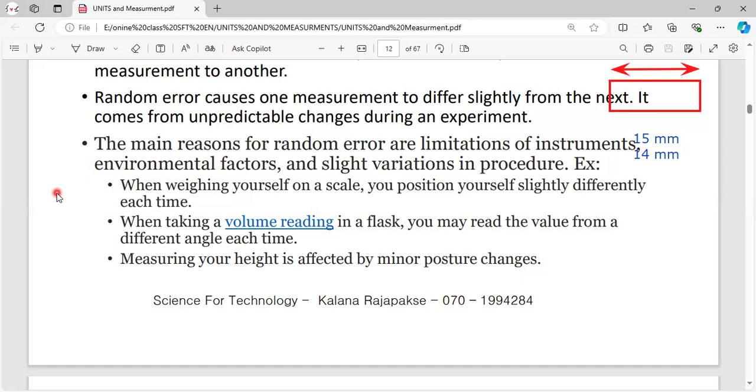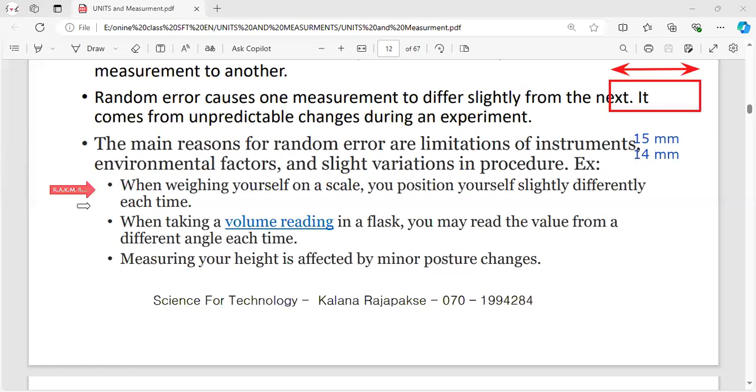So what happens when we use it in such extreme cases? If we are using the measurement device beyond the limitations of the instrument, that causes random errors, right? And slight variation in procedures. Look at these examples.